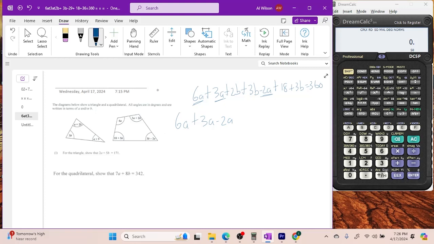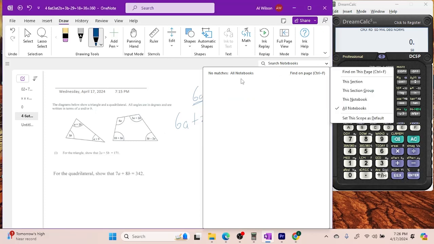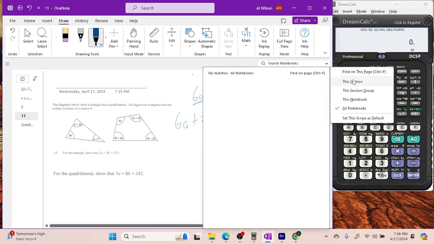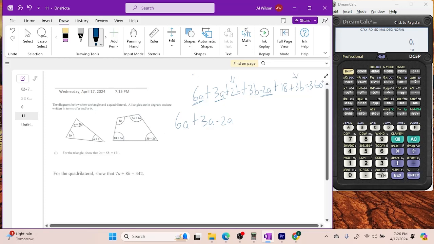So we just worked out all of the a's. Good. So what we have now is a b there and another b there. So this is plus 2b plus 3b. And then we have our 18. So this is plus 18 is equal to 360.